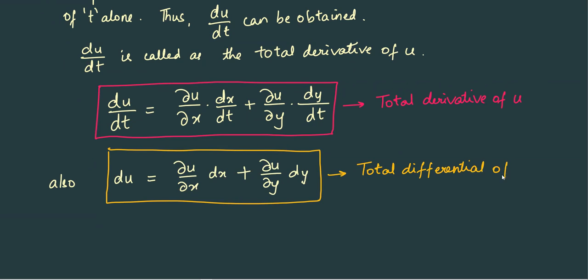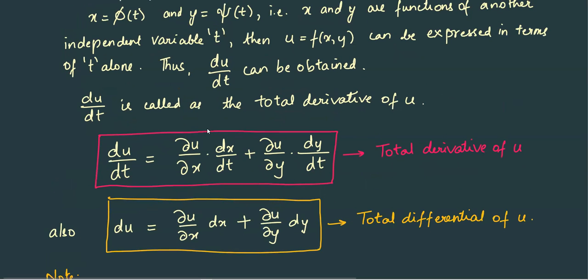That was the total derivative and this is the total differential. So note this important observation. It is very clear, very simple. du by dt will be the partial derivative of u with respect to x and the derivative of x with respect to t, plus partial derivative of u with respect to y and derivative of y with respect to t.